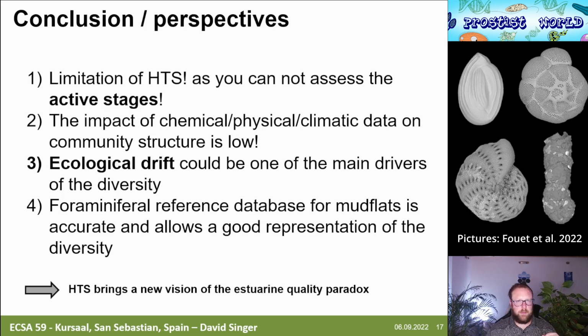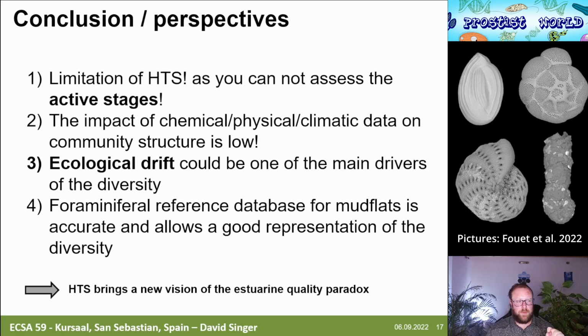So now it's time to provide a bit of conclusion and perspectives for this study. There are some limitations with high-throughput sequencing, as you cannot assess the active stages. The impact of chemical, physical, and climatic data on the community structure is really low, and the ecological drift could be one of the main drivers of this diversity.